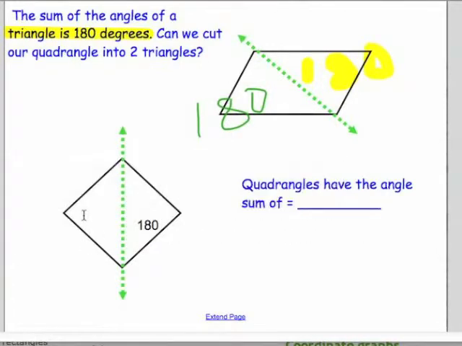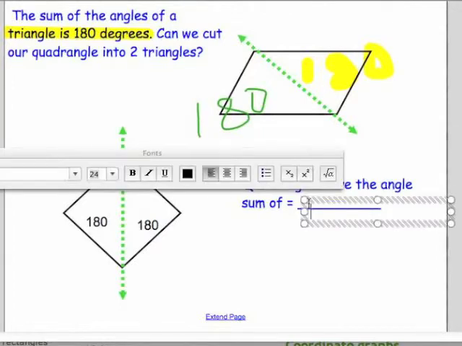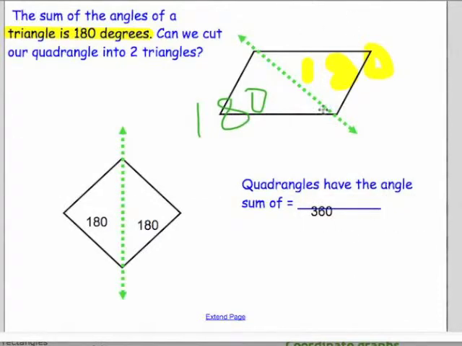We're going to have 180 degrees in here. And when we add up 180, hopefully you realize it's going to give us a full circle, 360 degrees, because 180 plus 180 is going to give us 360. So quadrangles have the sum of 360. You might have been around that on our last little experiment, but I'm telling you now that this is a fact. You might want to take a picture of this. 360 degrees is the sum of all the angles of a quadrilateral.